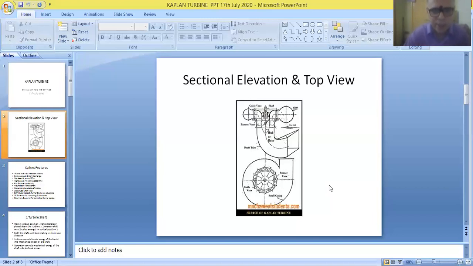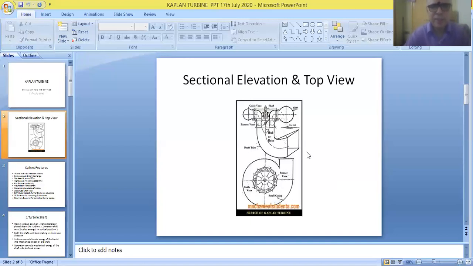So friends, these components, namely the spiral casing, guide wheel mechanism, runner mechanism, are all used in different stages for raising the kinetic energy of the liquid, which is very, very essential for operating the turbine.